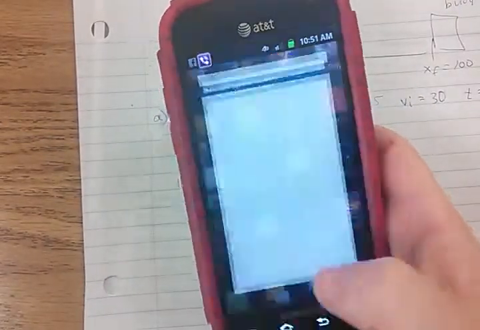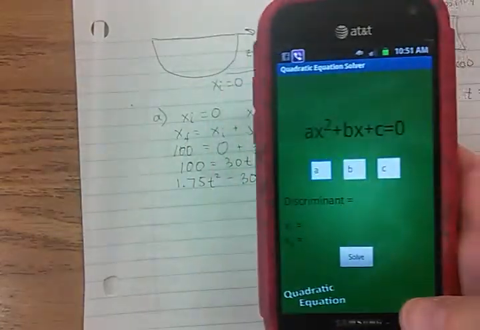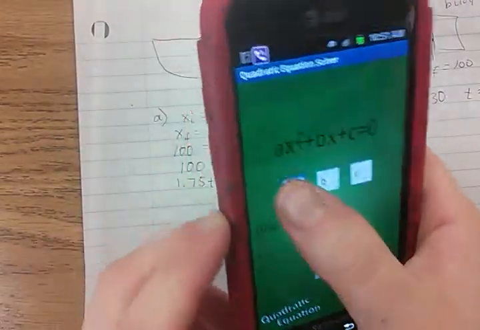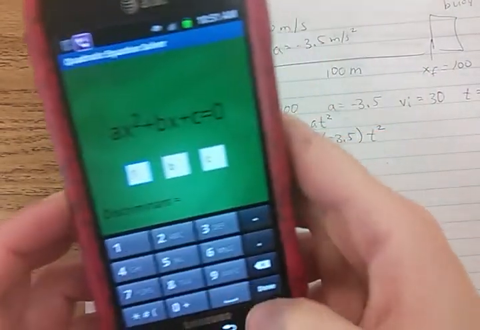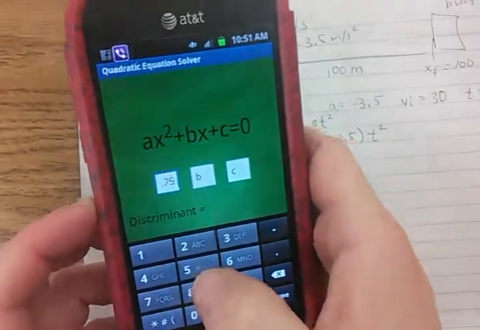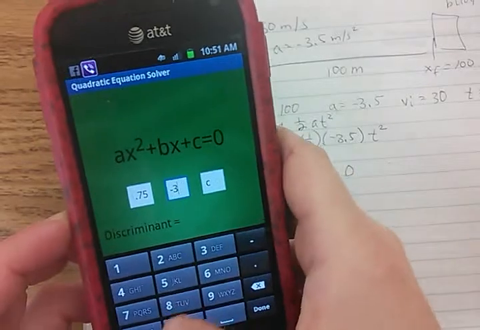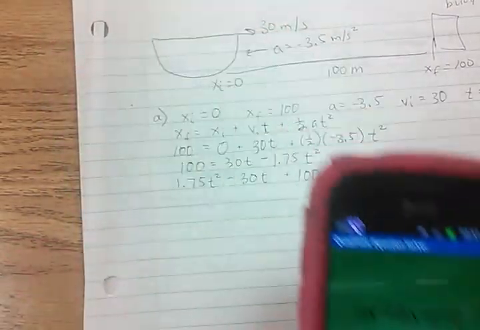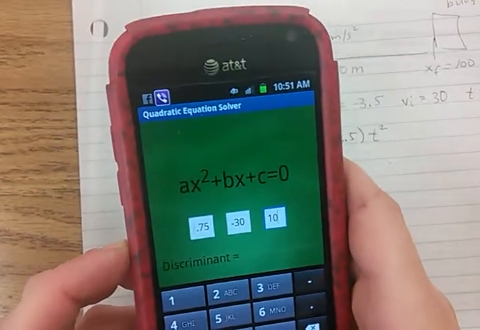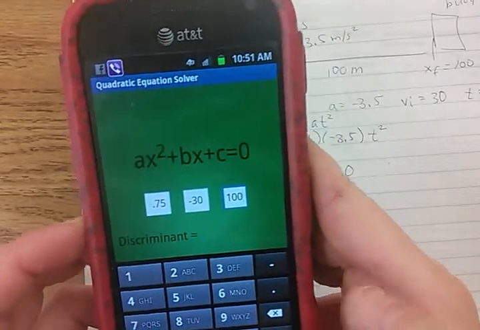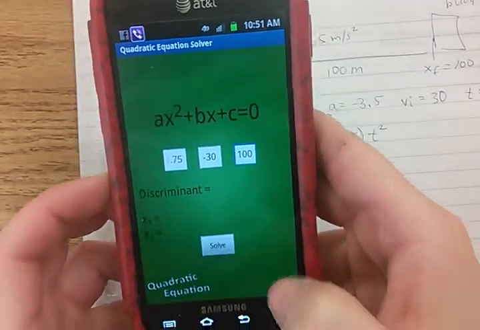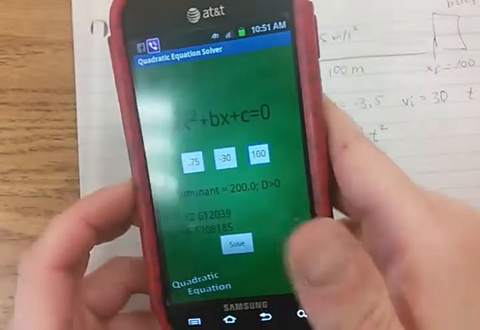Anyway, here's what it looks like. My A is 1.75, B is -30, and C is 100. Press done, solve.